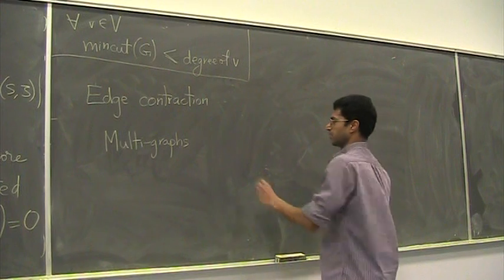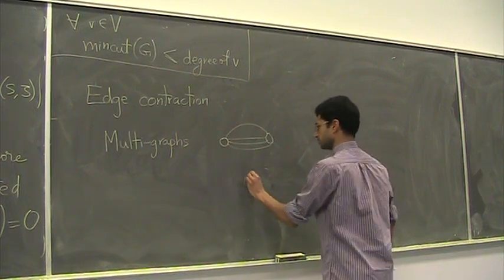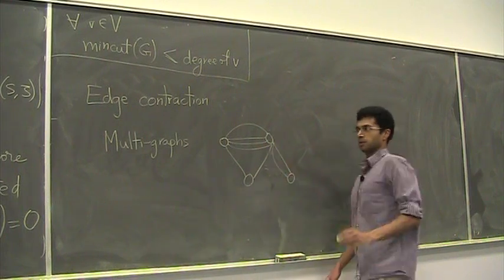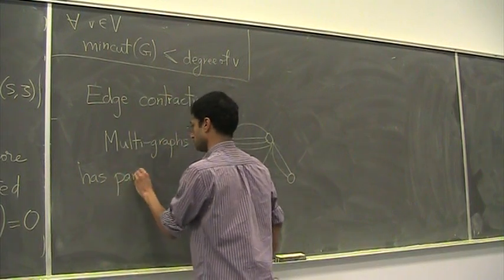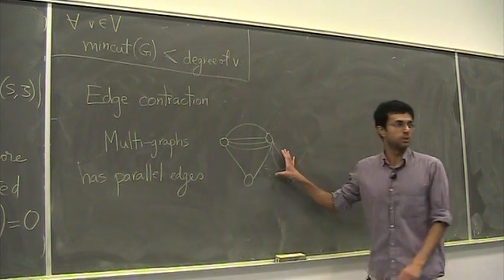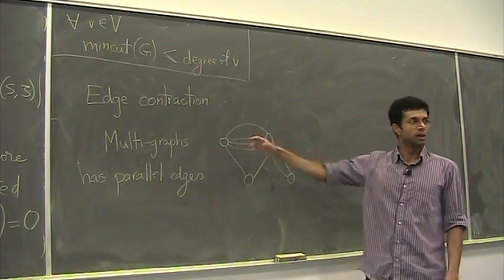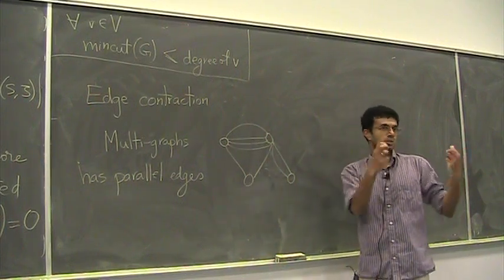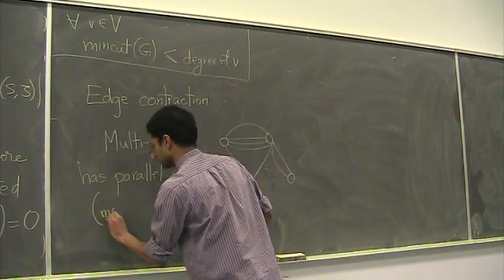So what is a multigraph? A multigraph basically has parallel edges. So this, for example, is a multigraph. When you think of a simple graph, you just think of one edge. In a multigraph, you can think of there being multiple edges between any 2 vertices, right? And this you can also model as an edge weight.